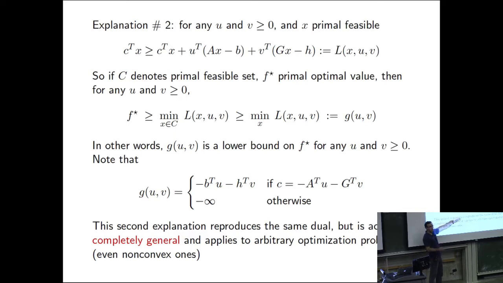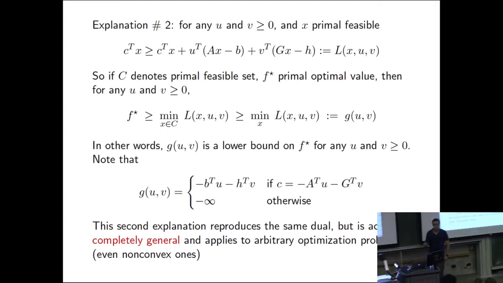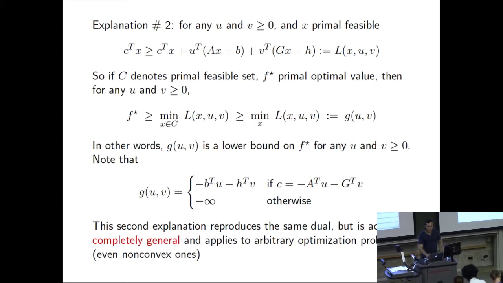Because the minimum of a linear function over all x is going to be minus infinity for a proper linear function. And if it actually had a 0 coefficient multiplying x, and it was just a constant function, which occurs if c is equal to minus A transpose u minus G transpose v, then the minimum over all x is just that constant. So this is our Lagrange dual function.